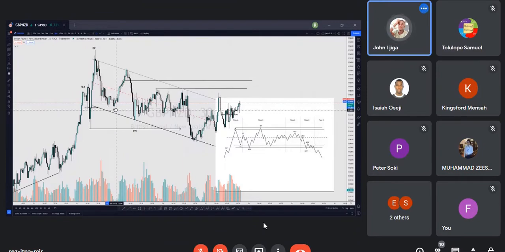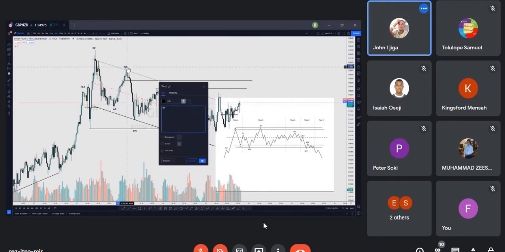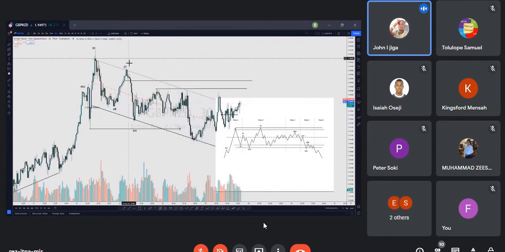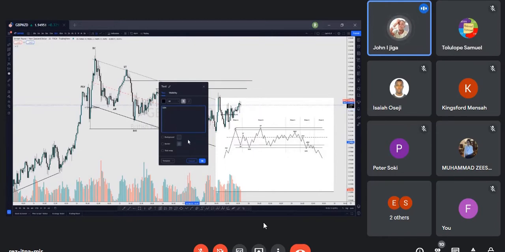Now I've already done analysis on structure, right? I see this as a break of structure, internal highs, POI, right? But above this high is when this is invalidated. Okay, so now using Wyckoff, this is what I see. And then the sign of weakness, which came below structure, which is a break of structure, right?